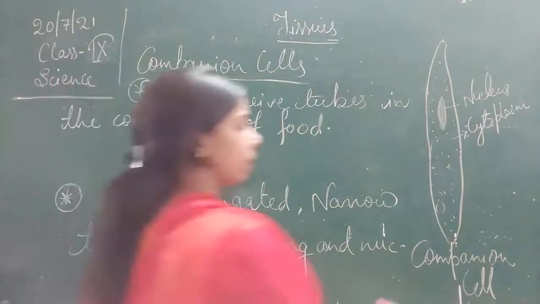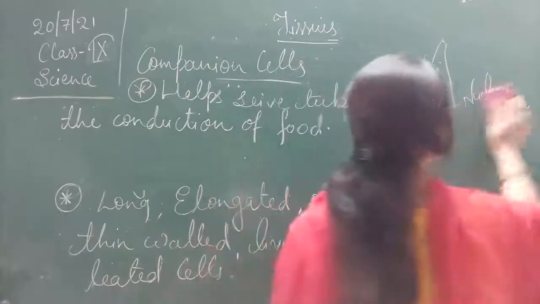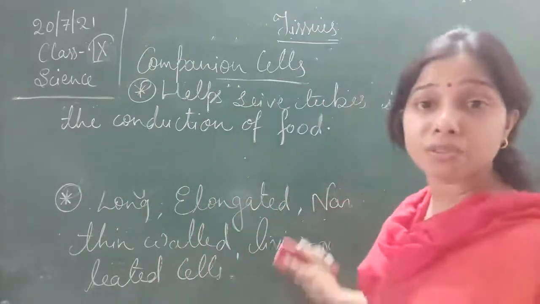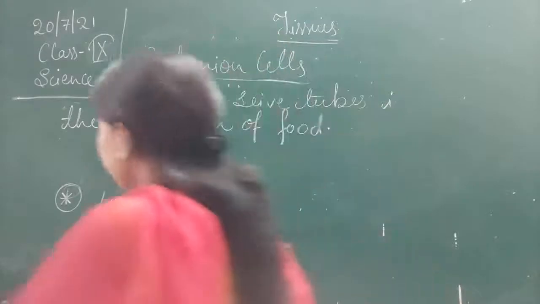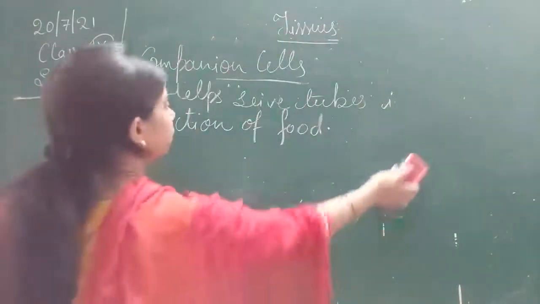The next one is the phloem fiber, which is also called bast fiber.